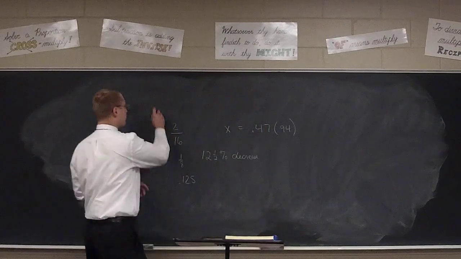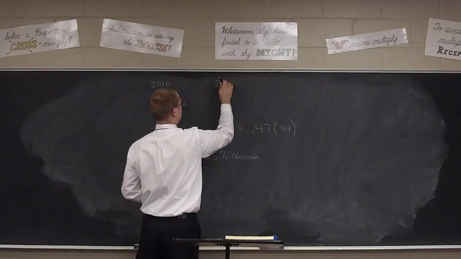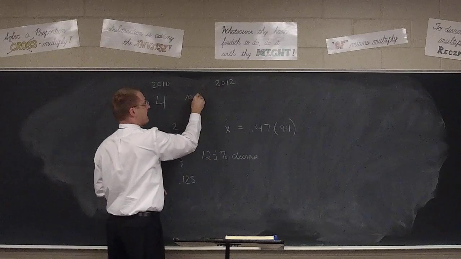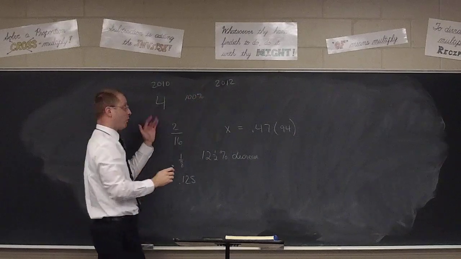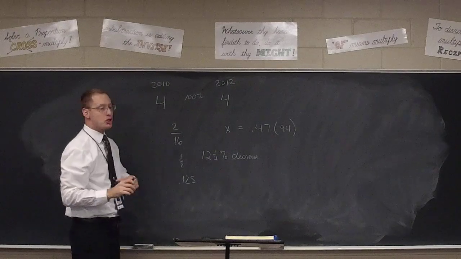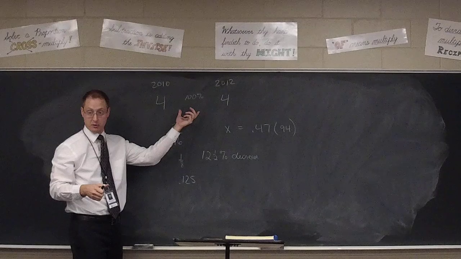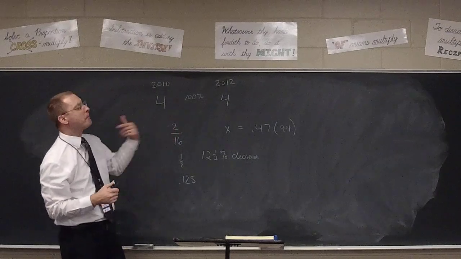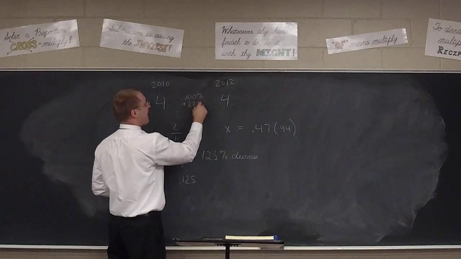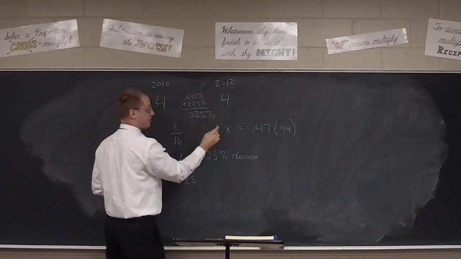Good. If they won 4 games in 2010, and in 2012 they won 100% of the games that they won before, they would have again won 4. But they didn't. They won 225% more games, not 225% of the games, which would just be multiplied by 225%. So that means we could add 225% to 100% to get 325%.